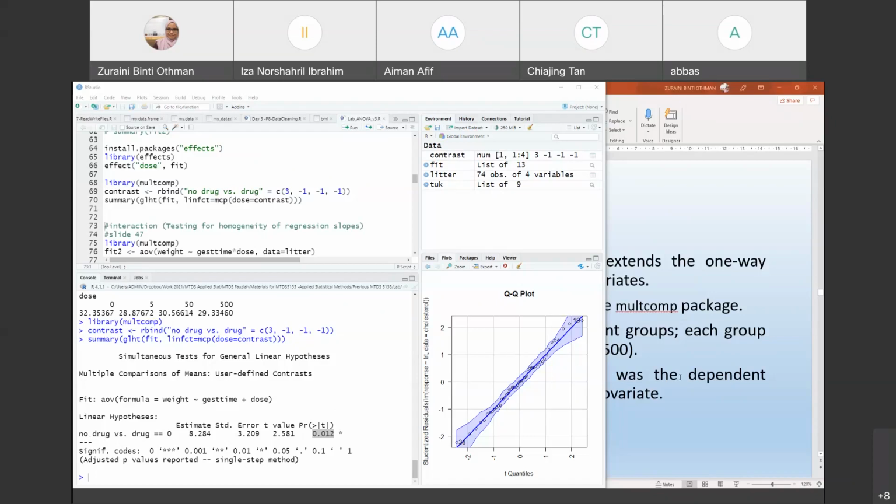Additionally, the multcomp package can be used to test specific user-defined hypotheses. If you have a specific user-defined hypothesis for the multiple comparison, you can also use it.